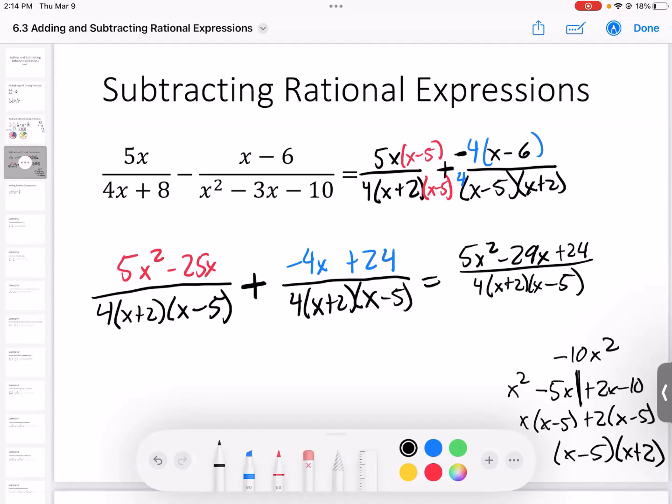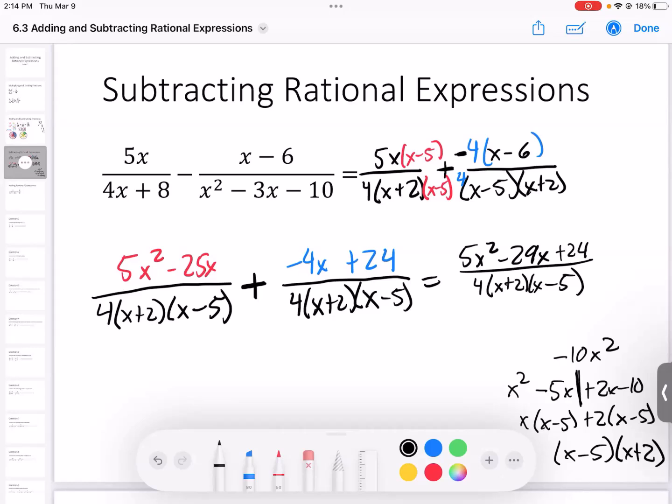However, sometimes when you factor this, it will cancel out something here. So we always want to check and see if there's any way we could factor this because it might cancel out some of these factors and we may need to reduce it. So for this one, if we factor that trinomial that we ended up with, 24 times 5 is 90.